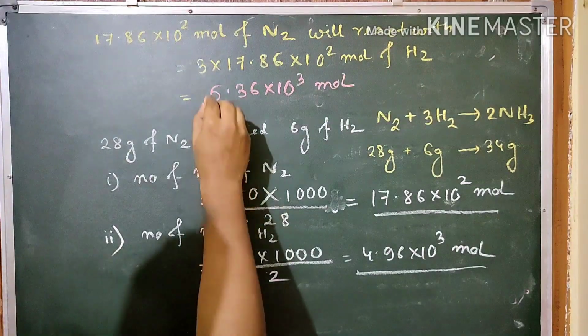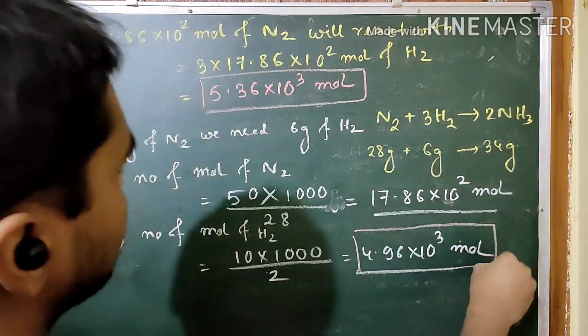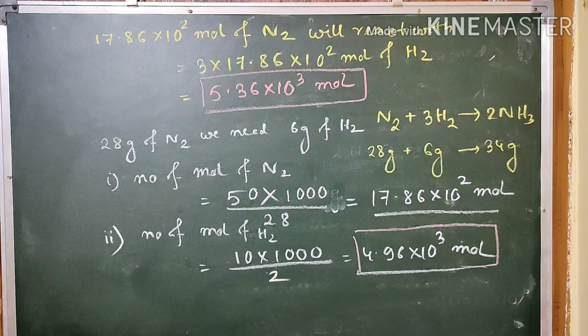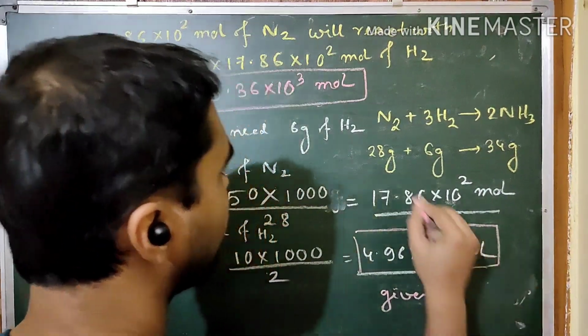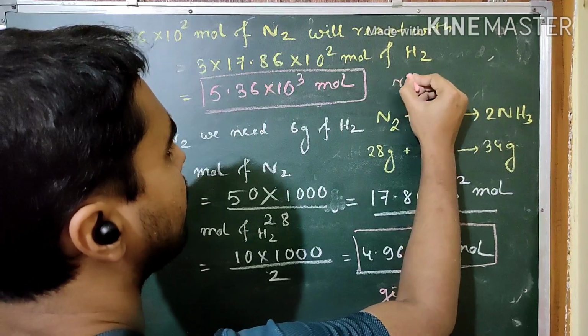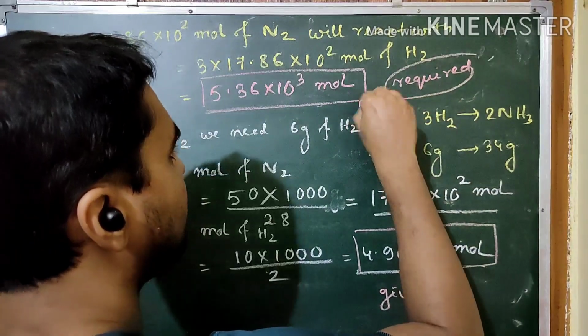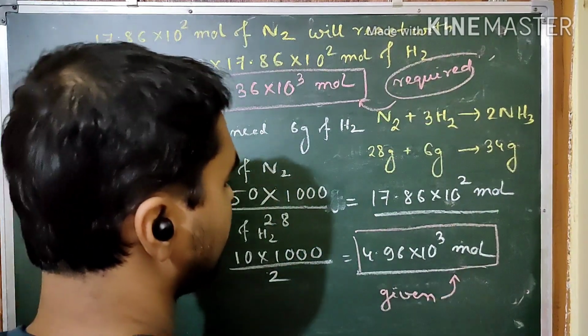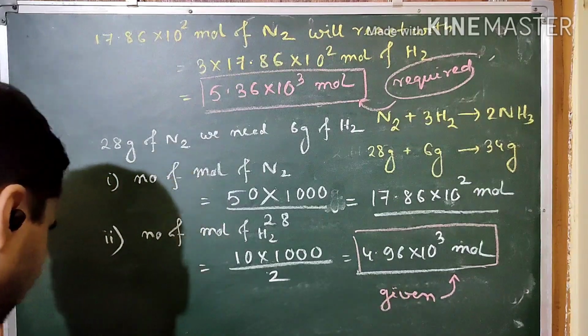Now you see, this much is required compared to this value. The number of moles of hydrogen, this is the given value and this is the required value. Try to understand the difference between the two. That much is required and that much is given. So obviously, what is going to finish first? Hydrogen is going to finish first.